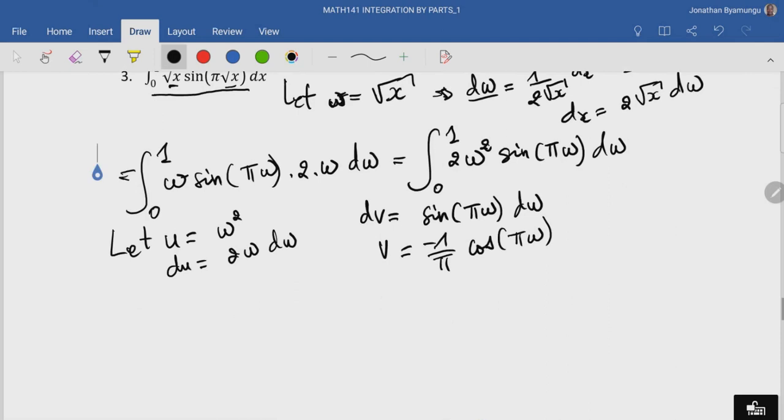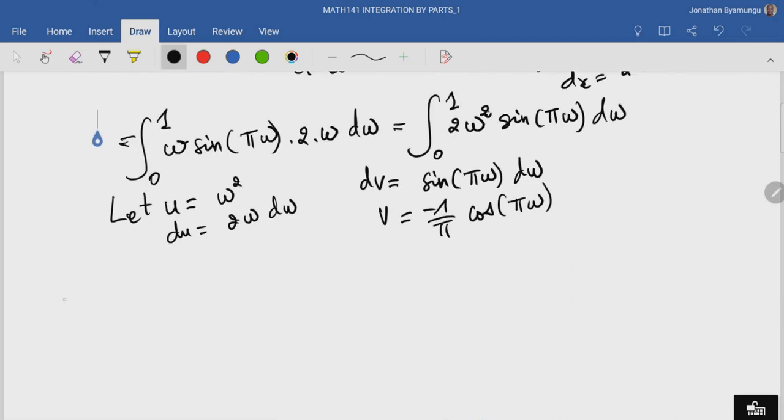And knowing all of this, our integral would therefore be equal, right?